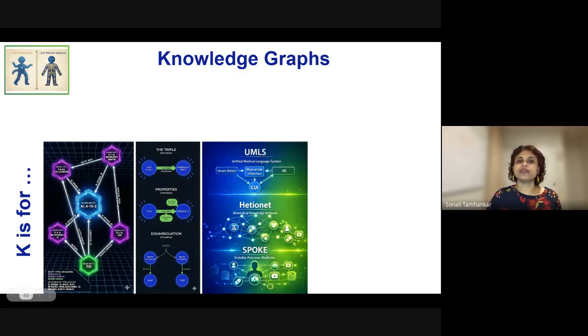UMLS is Unified Medical Language System. In healthcare, we need a metathesaurus because there are often many ways to say the same thing, like heart attack or myocardial infarction, and their corresponding ICD and SNOMED codes. So UMLS has a concept unique identifier for this, like C002705, to capture these unique concepts.